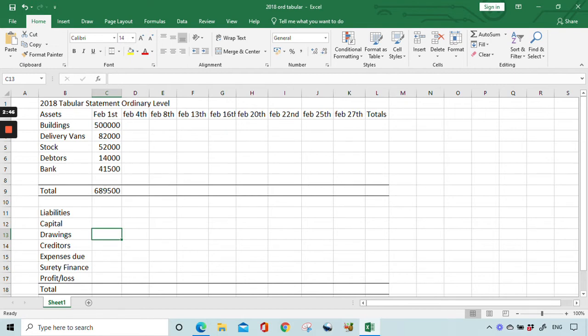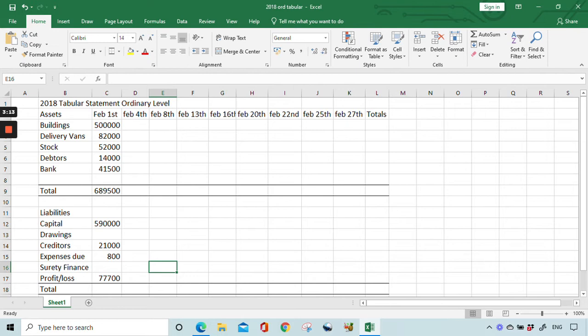We had creditors of 21,000. We have expenses due of 800. We had capital of 590,000 and profit and loss of 77,700. Now you'll see here there are two blank ones, drawings and surety finance.